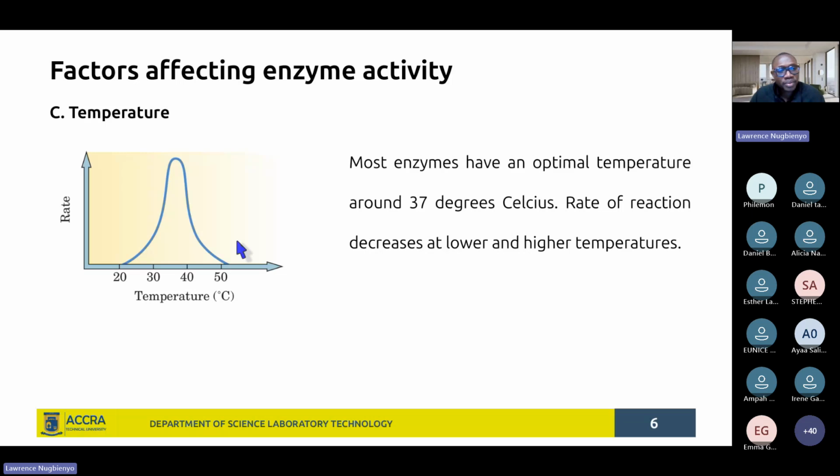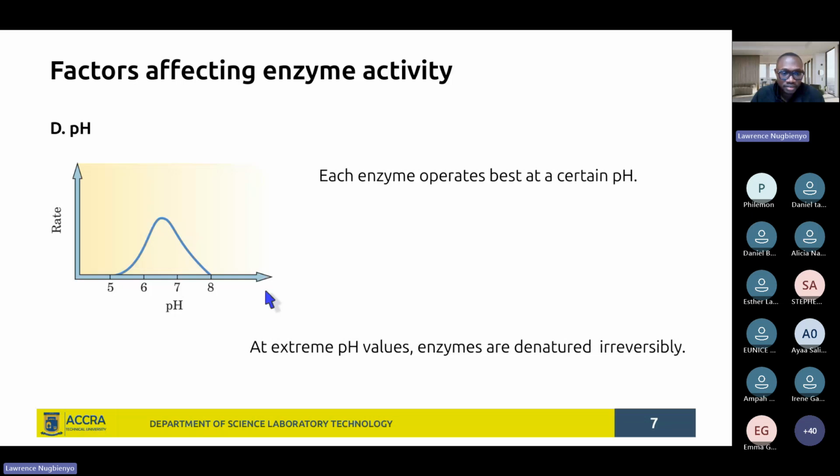Now, we can move on to the fourth one, which is pH level. Here too looks much like what we saw with temperature, where we have an optimal pH.